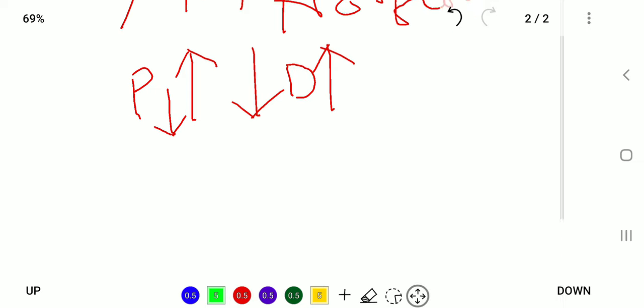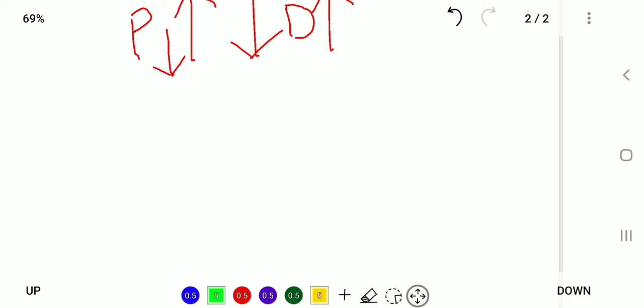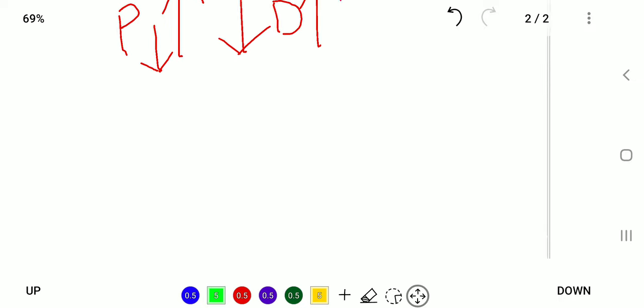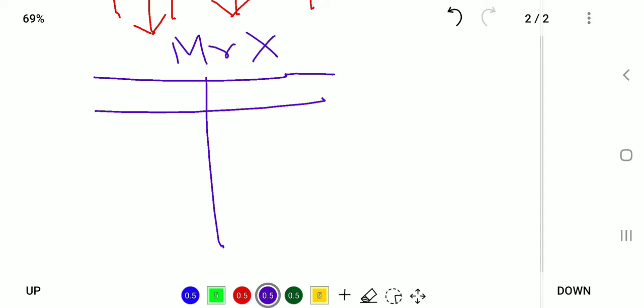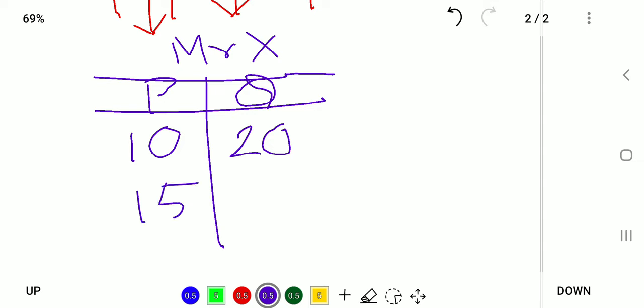So we can illustrate this formula by a problem. It is a demand schedule of Mr. X, that is, when price is 10, quantity is 20, and when price is 15, the quantity will be 12, right?